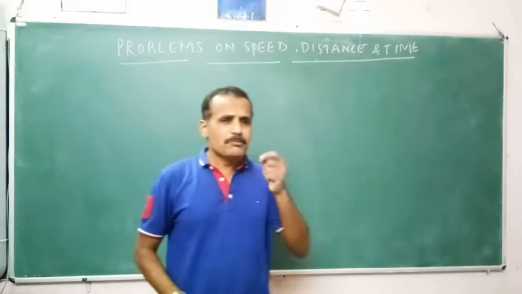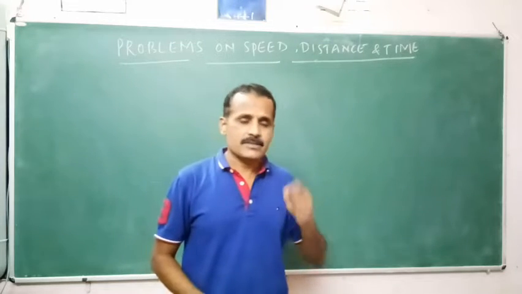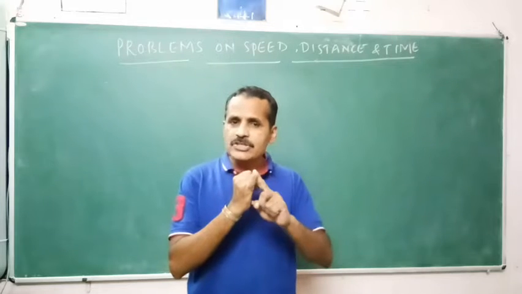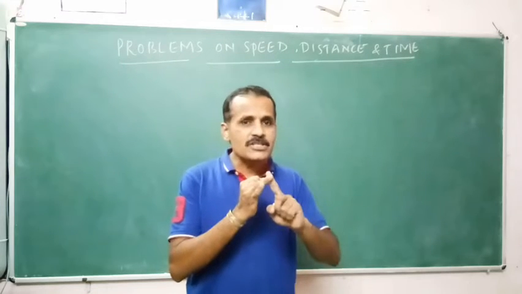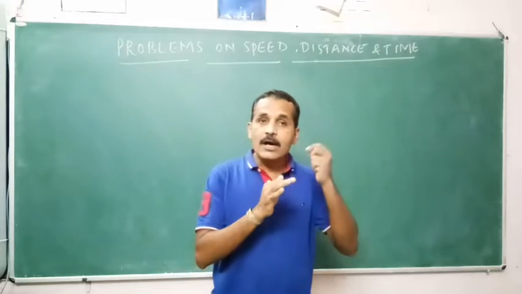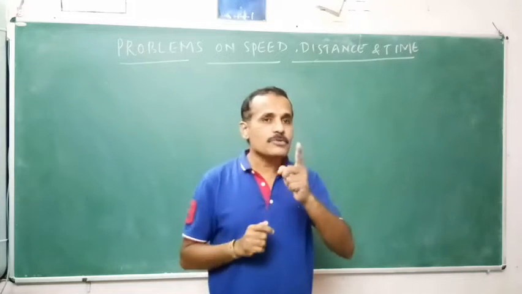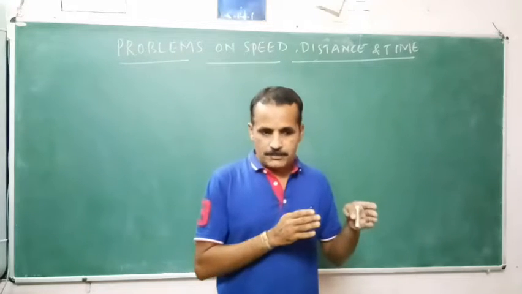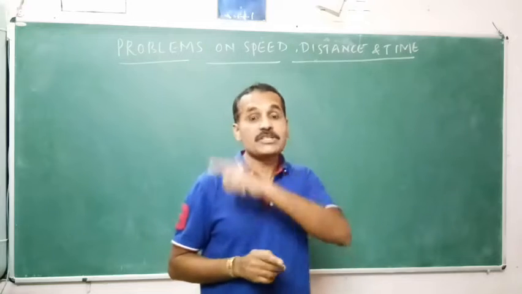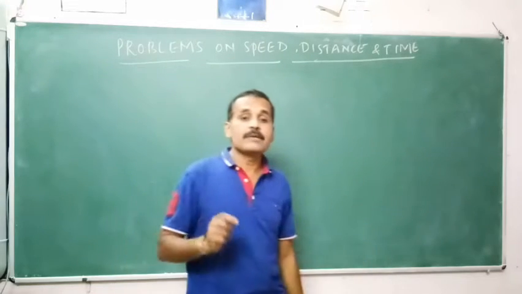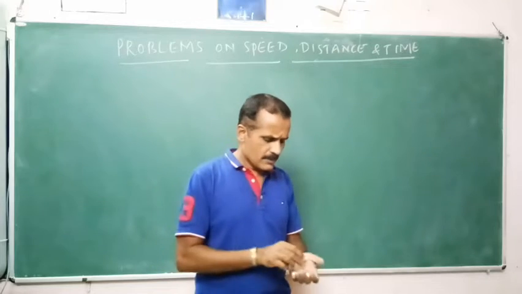My dear children, before I discuss this, keep in mind, I have already completed the problems on age, problems on fractions, problems on areas, and the last one we completed, the problems on 2 digits. And today we will discuss the problems on speed, distance and time.